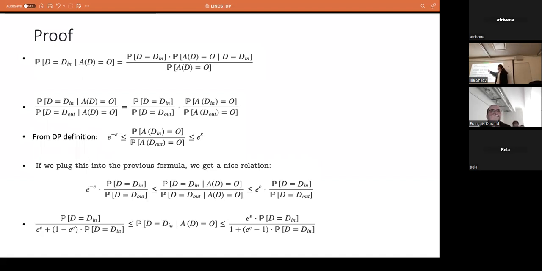Then we can divide everything by this quantity here, rewriting this probability as this one. And then from the definition, we have this particular relation. So basically, it's a combination of the conditional probability rule and the definition of epsilon privacy.